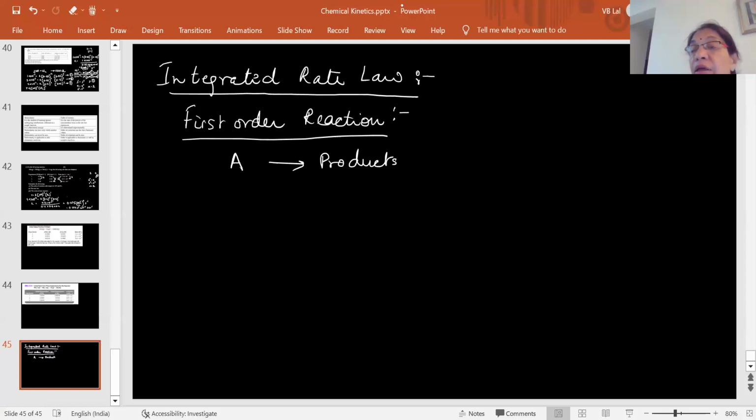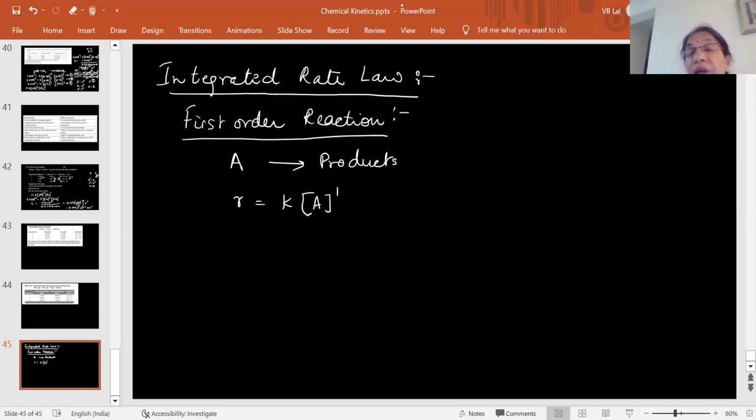I am taking only those reactions where only one reactant takes part and it is changing into products. If it is a first order reaction, how will I write? R is equal to K, A raised to 1, right? That is first order reaction.